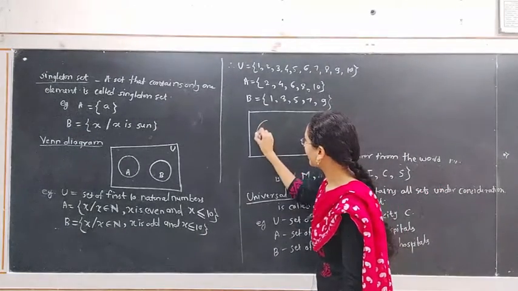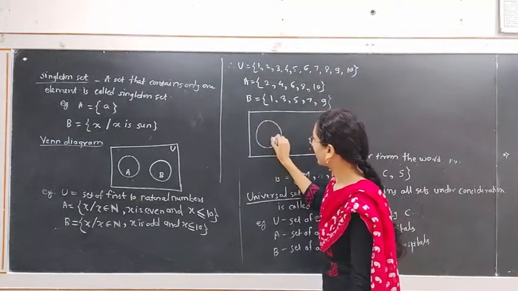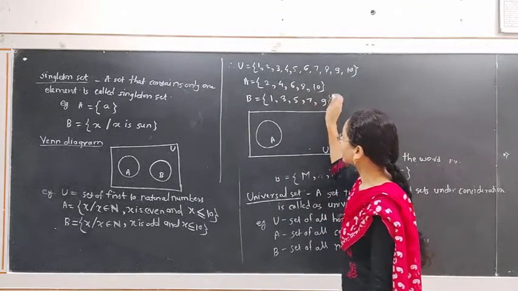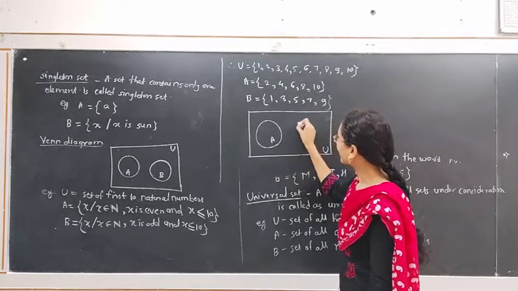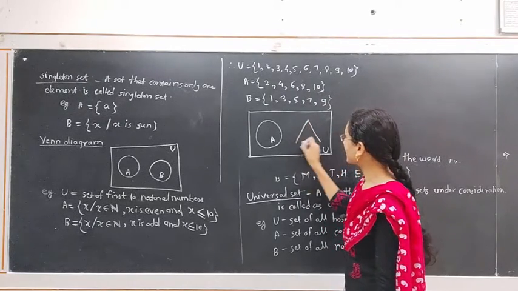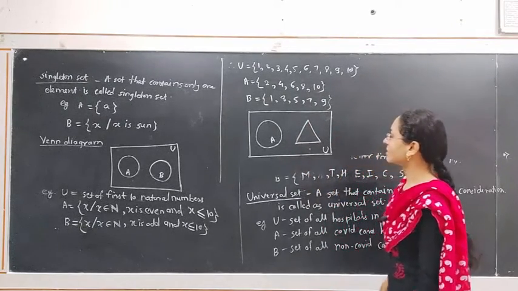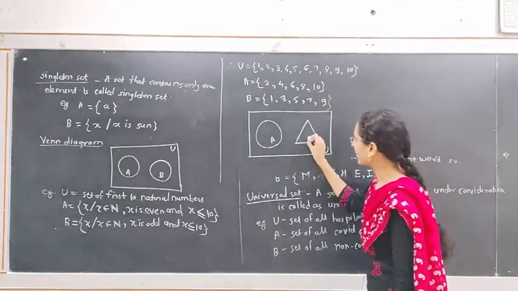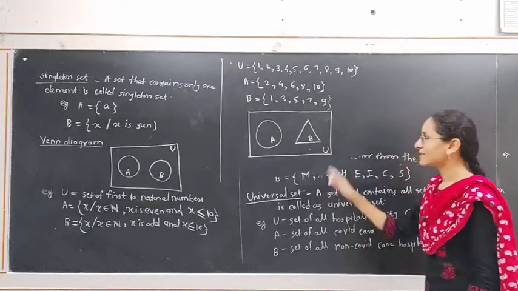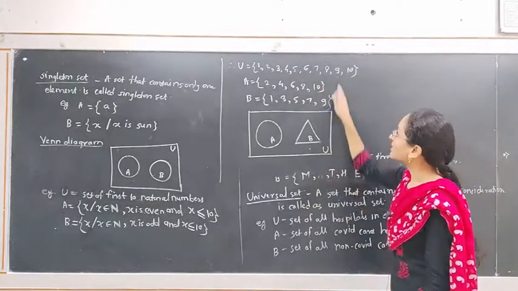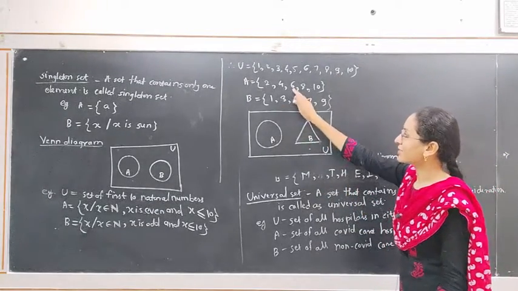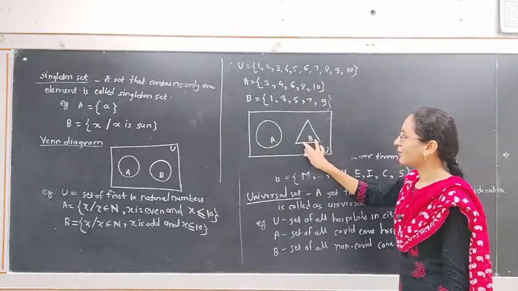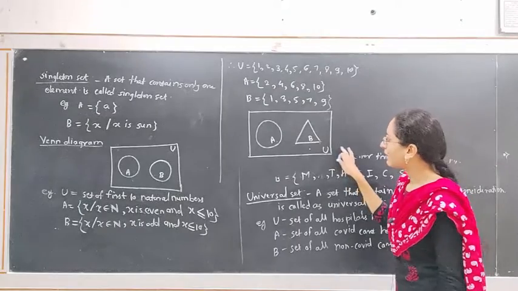Suppose this is set A that contains 5 elements 2, 4, 6, 8, 10, and the other set, which is the set of odd natural numbers up to 10, is called set B. This is the Venn diagram. U is this set, A is this set, because A does not contain any element of B, hence we have written B in another form.